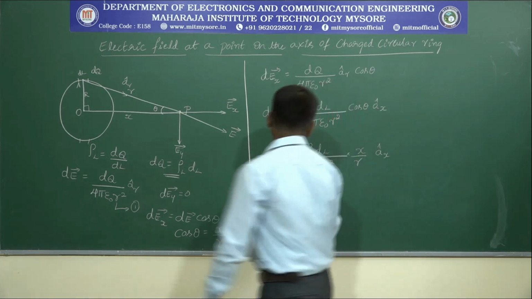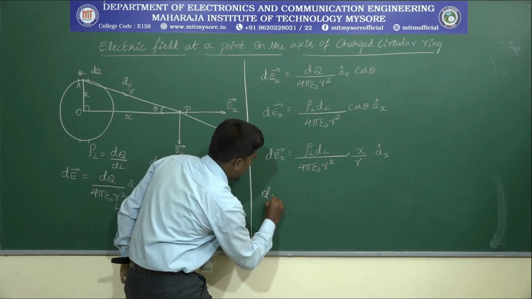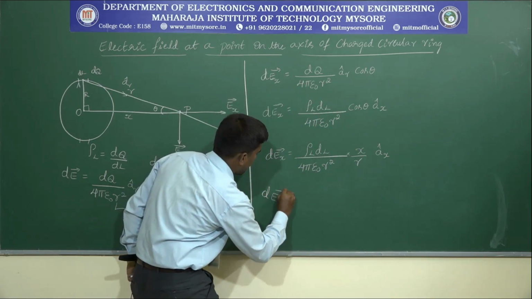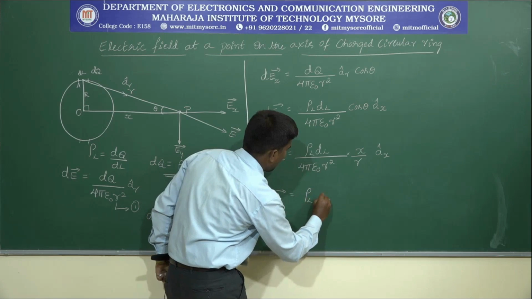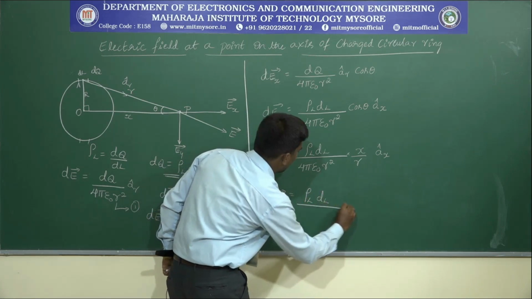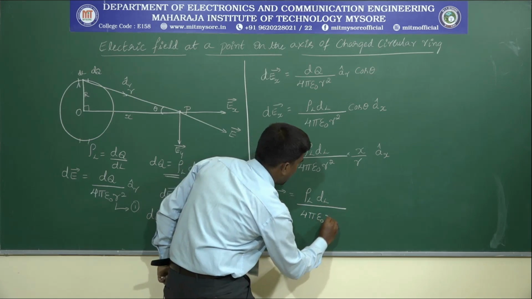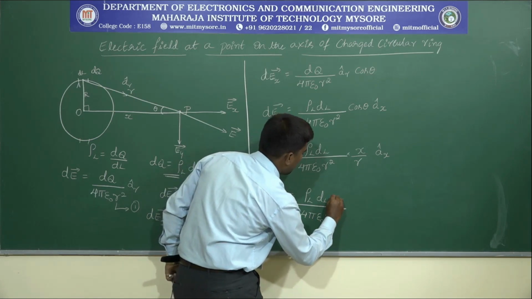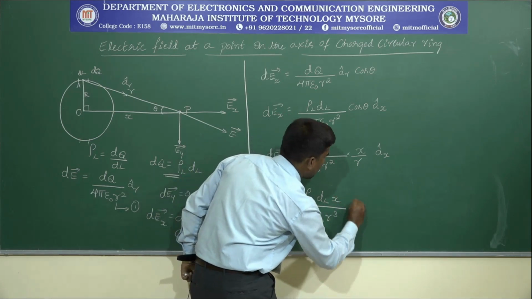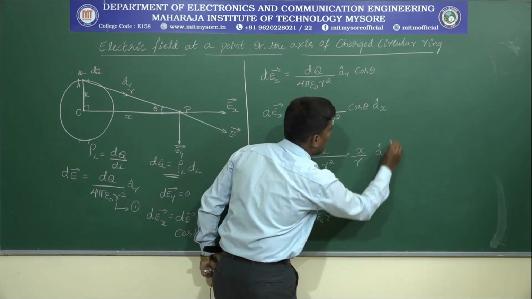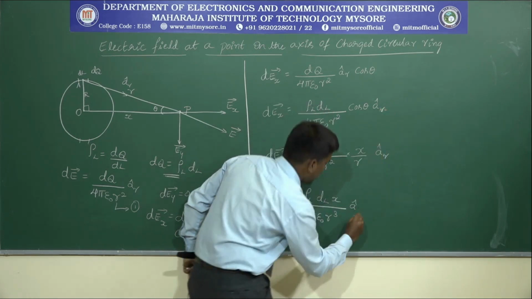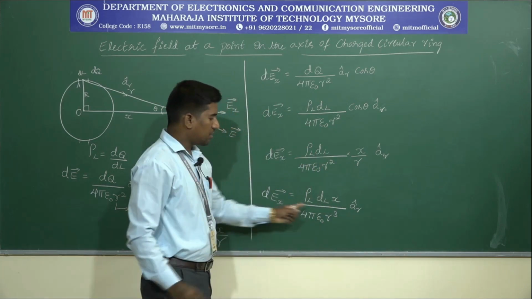Then the equation becomes dEx is equal to rho L into dL divided by 4 pi epsilon naught r cube into x into a cap r. This is the equation.